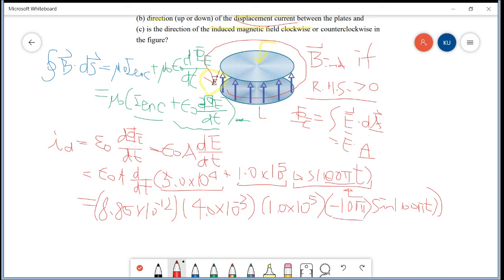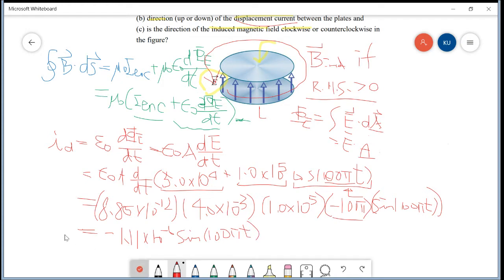So it would be minus 1.11 times 10 to minus 6 sine 100 pi t.